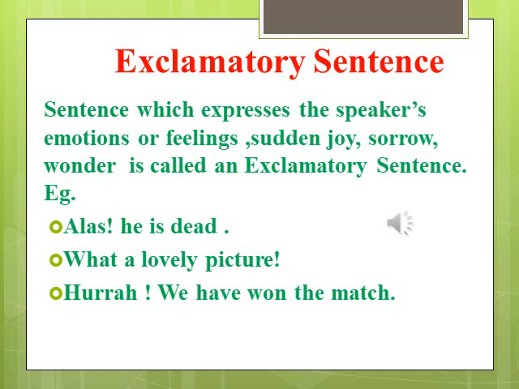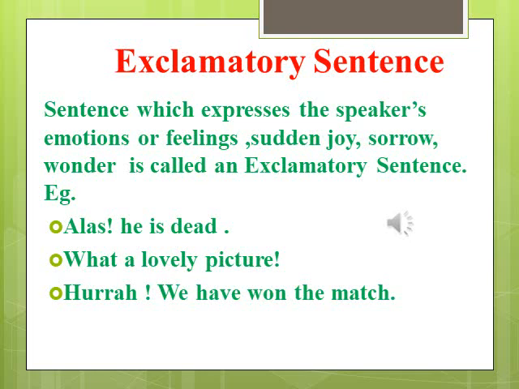Second sentence, what a lovely picture. This sentence expresses joy. The third sentence, hooray, we have won the match. This sentence expresses sudden joy, happiness. So, sentences which express any kind of sudden feeling are called exclamatory sentences.